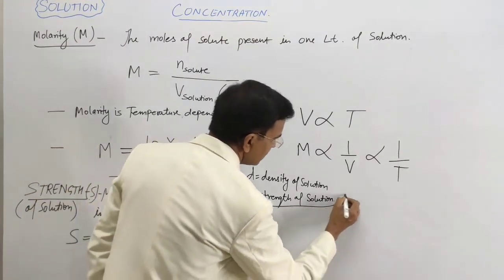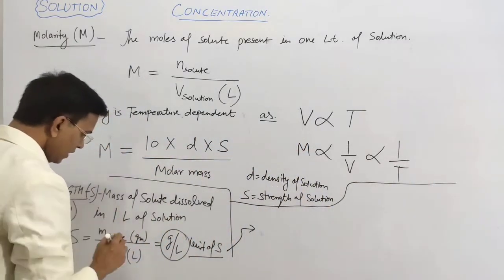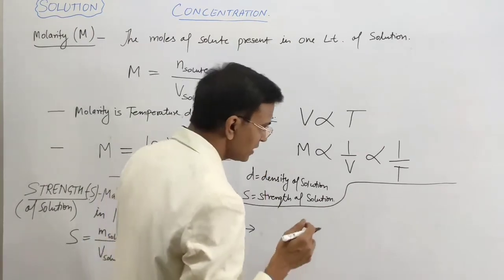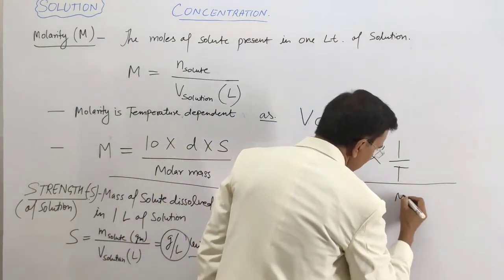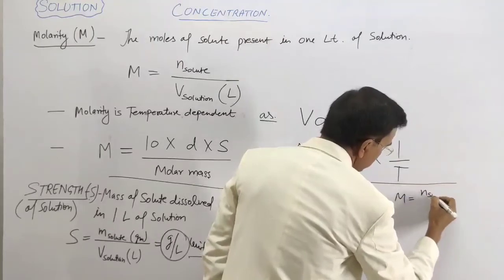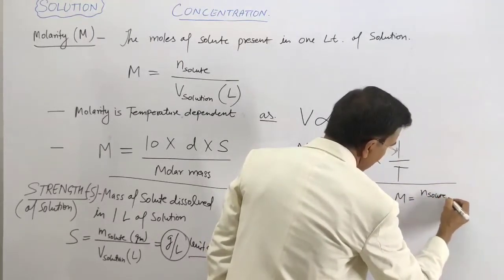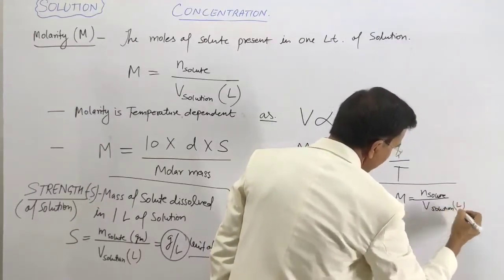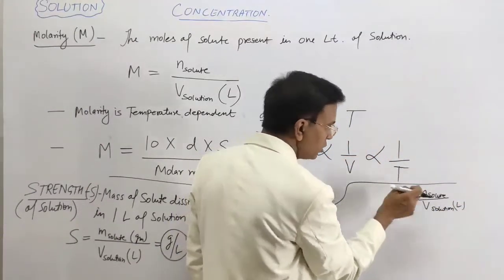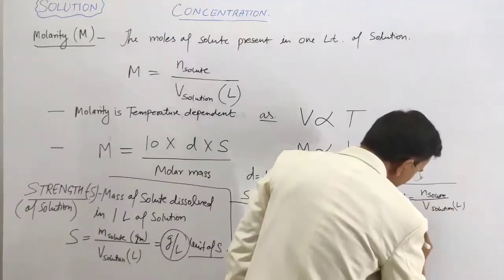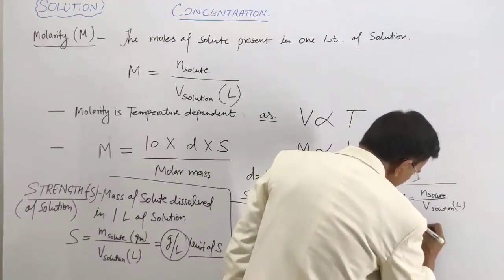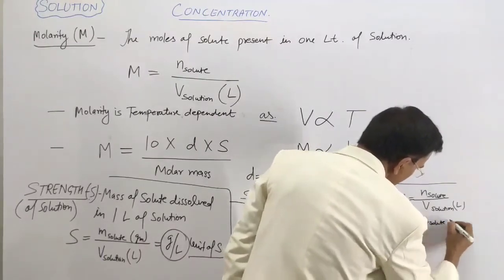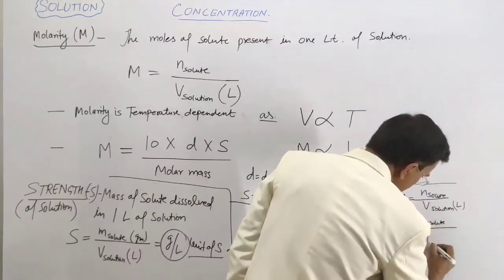Now we can define this strength further. It is the mass of solute. And in molarity, molarity is equal to moles of solute upon volume of solution in liters. So moles is equal to weight upon molecular weight, that is weight of solute upon molar mass of solute.